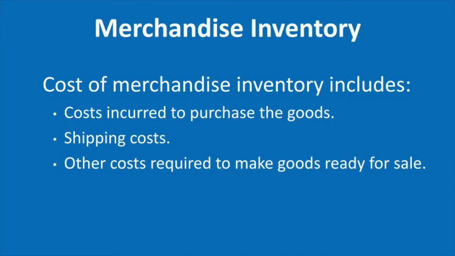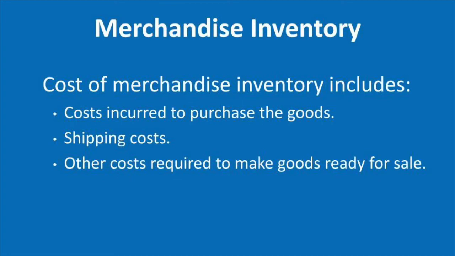So when we think about merchandise inventory, we really can look at the cost side of it and say, well, what exactly are some of the costs involved? Well, obviously the cost of buying the product. Okay, that's one of the key costs. So the costs incurred in purchasing the goods are straightforward. But there are other costs that are often built in as well.